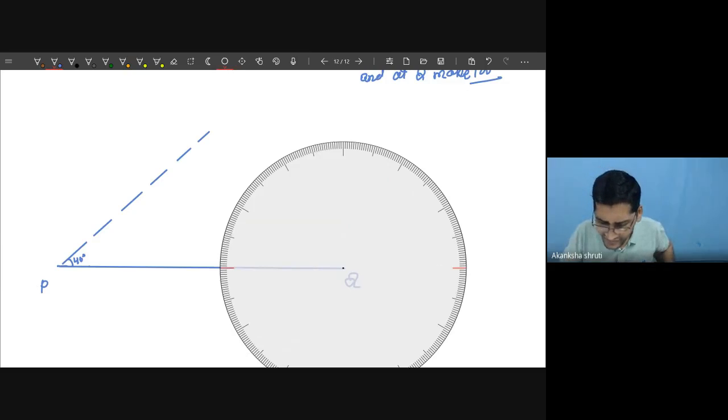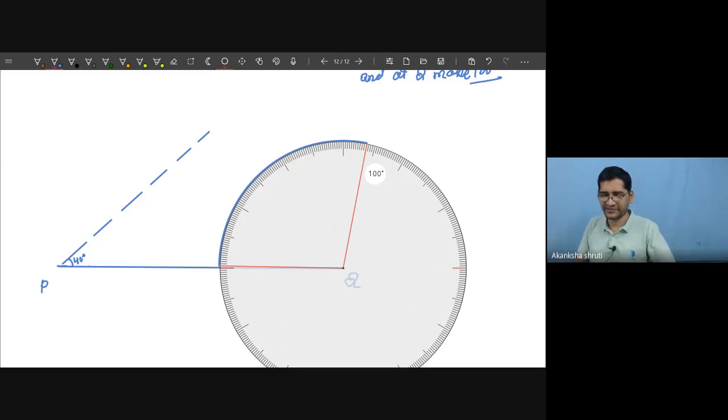Students, from this end I have to draw, but be careful. One at P and another at Q, and the two angles should be inclined. So this 100 degree we have to draw from here. Is it okay? It is our 100 degree.